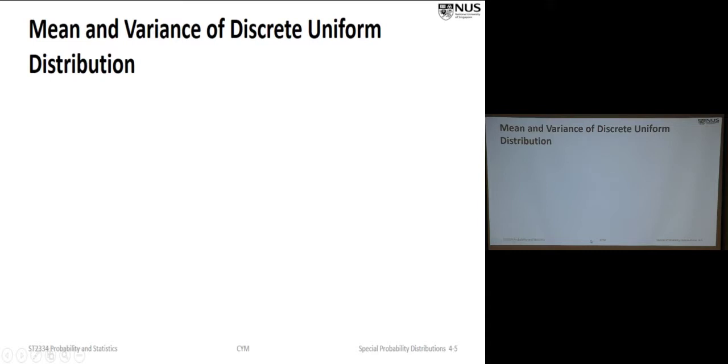Okay, so I told you many times that once you know the distribution, that means you know everything about this random variable. But knowing everything may be too much. So sometimes we want to summarize the behavior of this distribution. So these two quantities, the expectation and the variance, are the two that tell us something about the distribution.